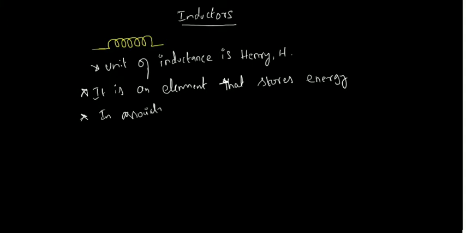Without the change in current, there is no inductor. So an inductor can be used in AC circuits only. In DC circuits, an inductor is not going to work. It works in association with the flow of current.